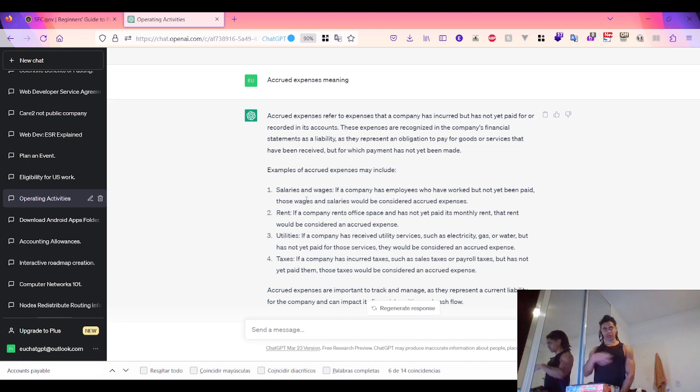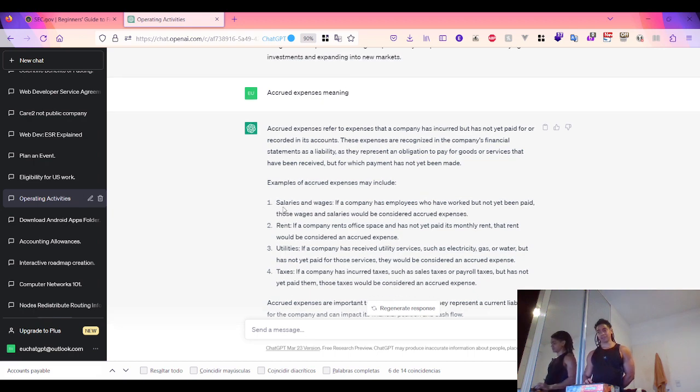So in other words, accrued expenses are obligations to pay for goods or service that has been received, such as wages and salaries, rent, utilities, taxes, right? That makes a lot of sense.